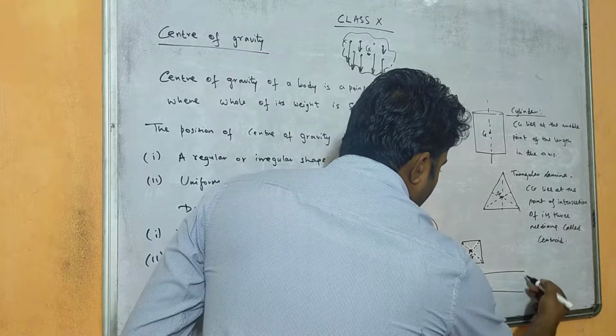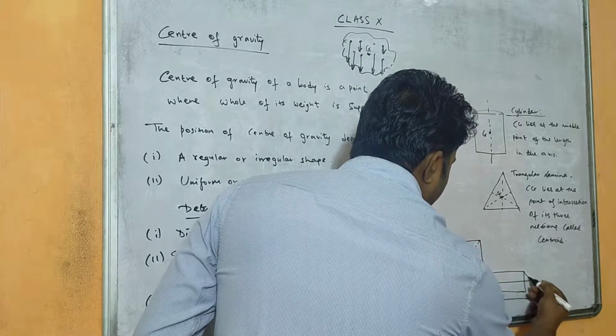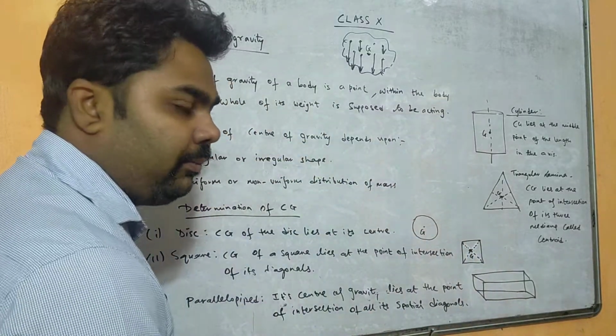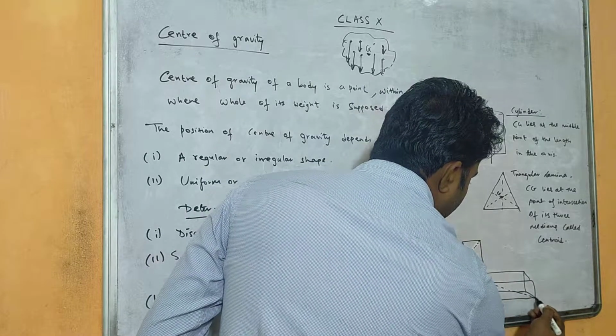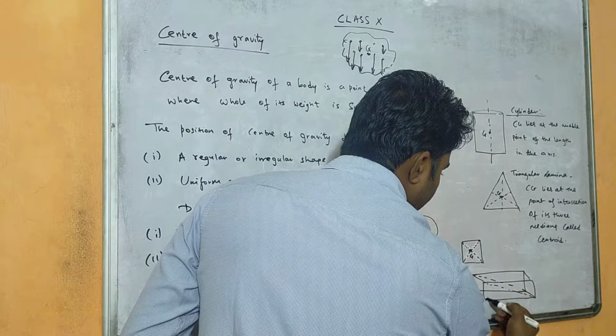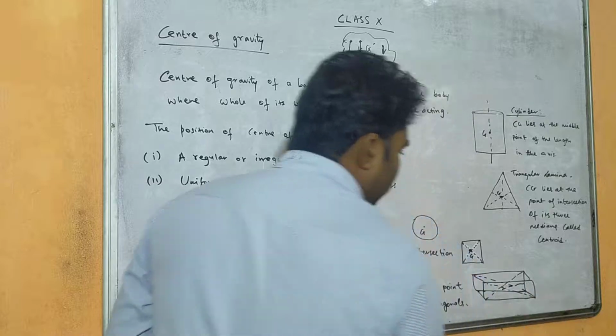First I am drawing one cuboid, right? You see, I have drawn one cuboid. Now I need to join the diagonals here.